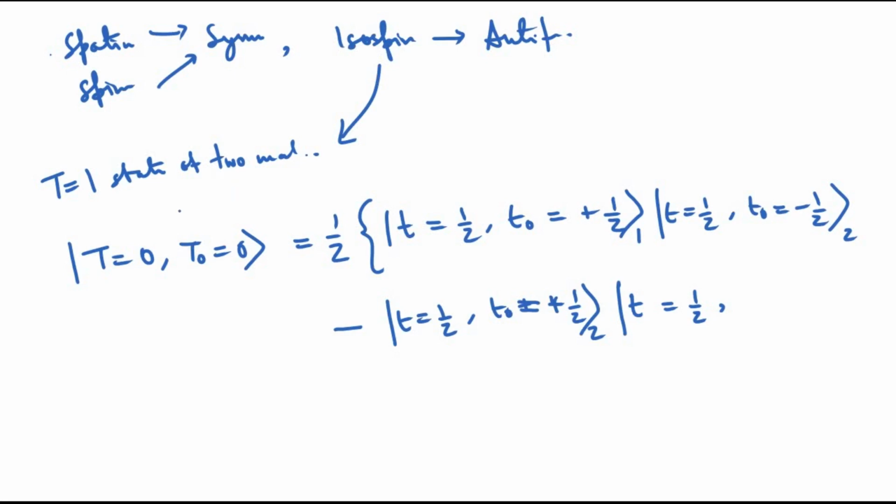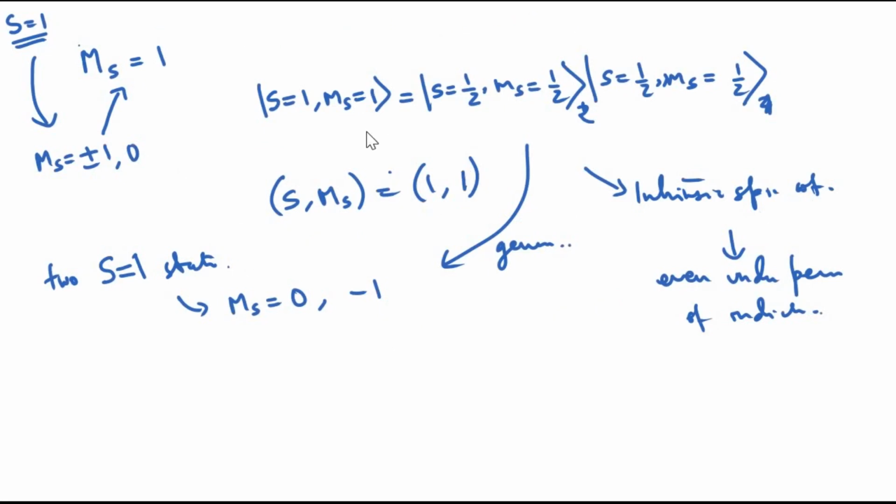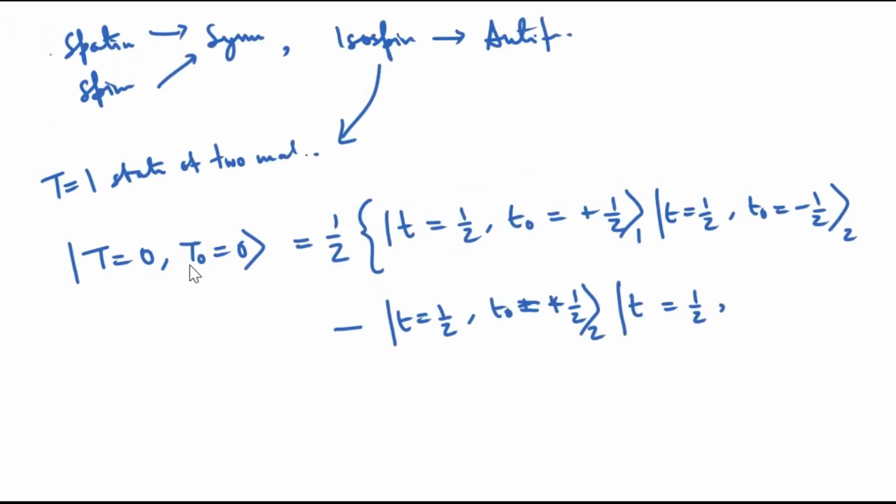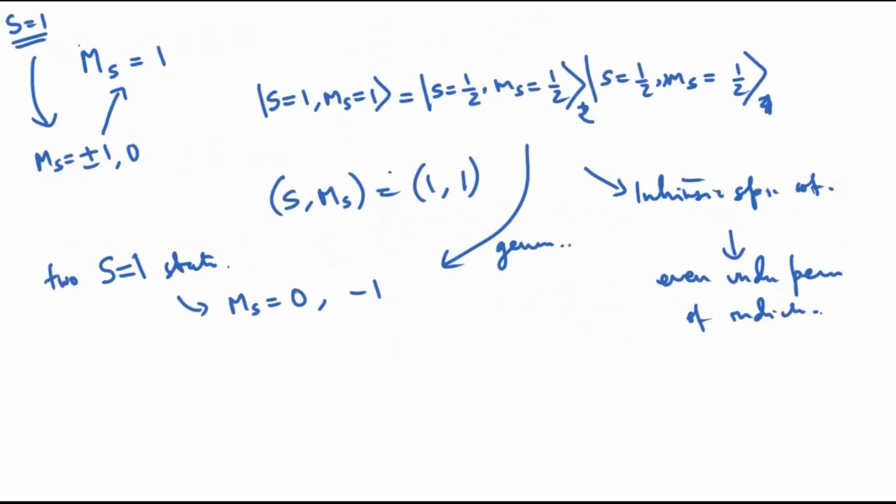Fine. So this is what I am doing. So I am writing down the t is equal to 1 state, and the t is equal to 1 wave function will be very much similar to this case. What about the t is equal to 0 component? This is what I want to write. And remember, the t is equal to 1 state is very much similar to this spin state.